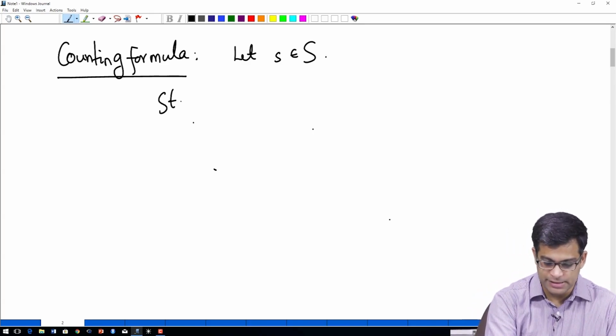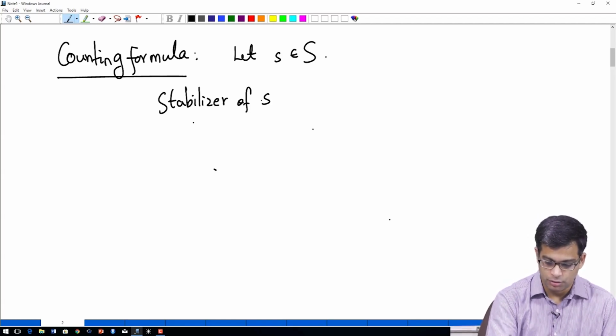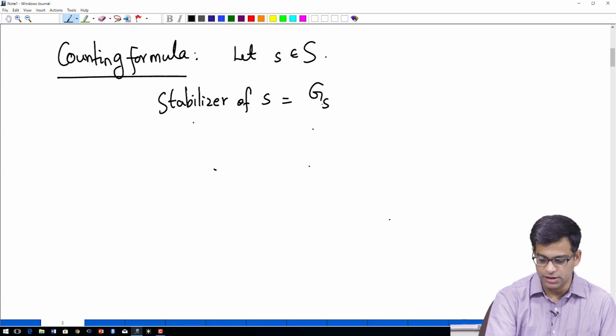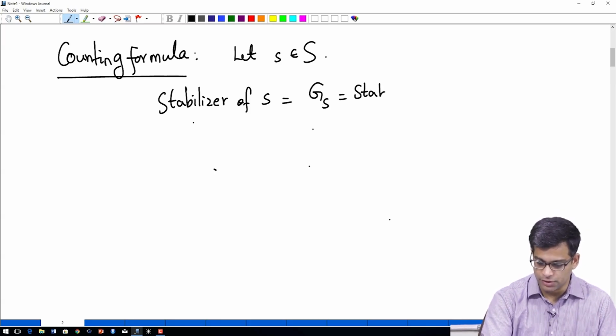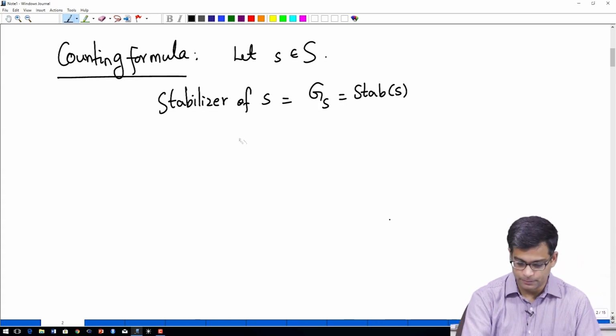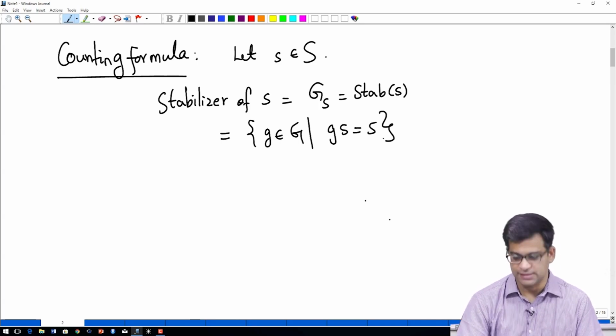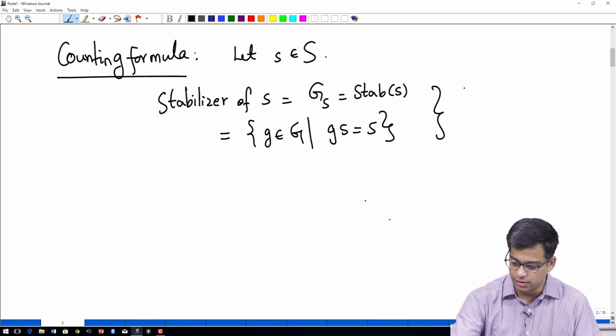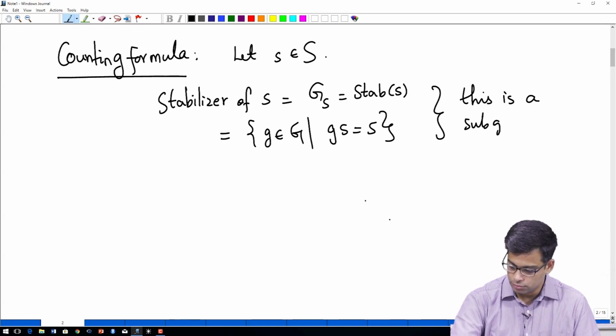Then we defined the stabilizer of s, denoted by G_s, or sometimes stab s, and that is all group elements which fix s or stabilize s. Remember that this is a subgroup of G.